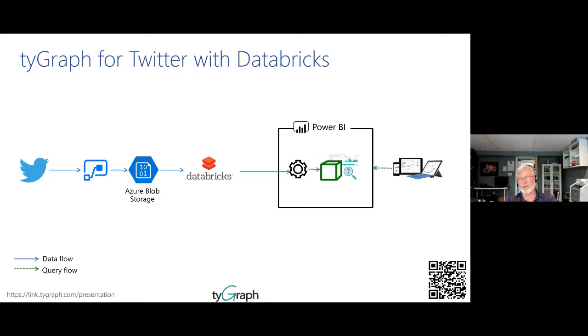Databricks, if you're not familiar with it, is essentially Hadoop and a bunch of other technology, Python, all bundled up in a fairly usable package. And instead of dumping the tweets into SQL or into SharePoint, we just put them in a file in JSON format and had Databricks read them from time to time.